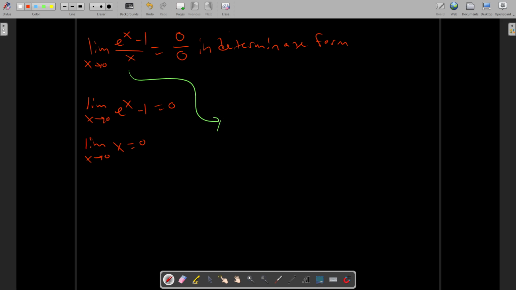Let's say e to the x minus 1 equals f of x, and x equals g of x. So now you can simplify this to the limit as x approaches 0 of f prime of x over g prime of x, where those are just the derivatives of both expressions.